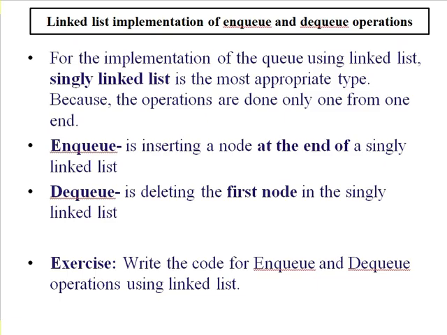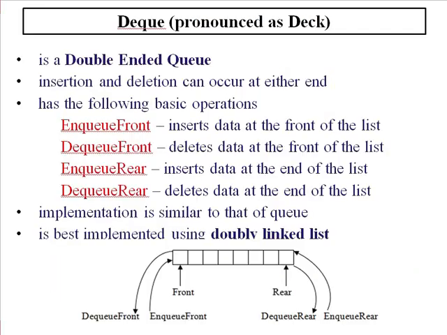Write the enqueue operation as an operation of adding a node at the end of a single linked list, and removing a node from the first is the dequeue operation. Just write the code for each of those operations.